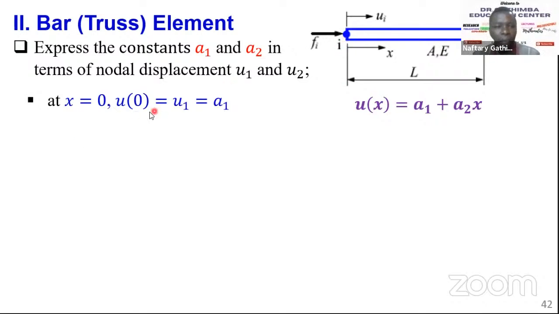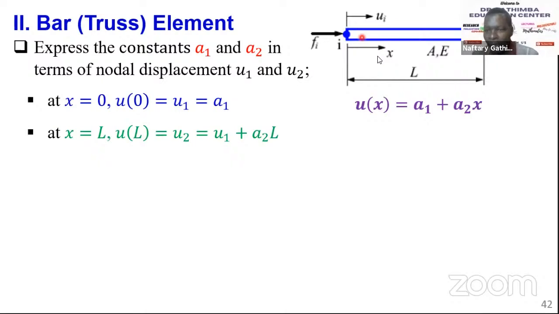So at node x equals 0, at the starting point here, if you substitute x equals 0 in this equation, you get u(0), which is the same as u1, the displacement at node 1. So u1 equals a1, because this part collapses.